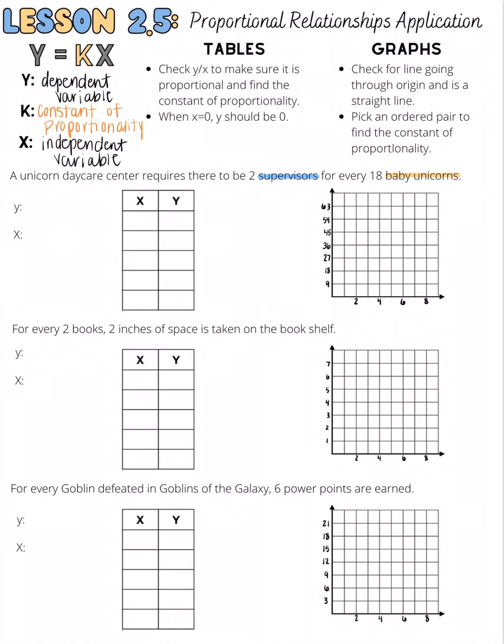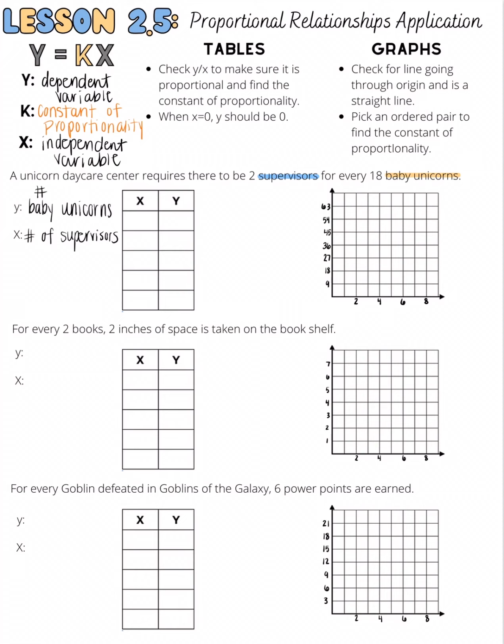If you don't have enough supervisors, then you can't have that many baby unicorns. So your y represents the number of baby unicorns. And then your x is going to be your number of supervisors. You're thinking, if I have this many unicorns, how many supervisors do I need? It's a proportional relationship.